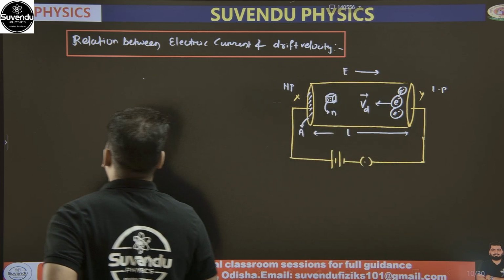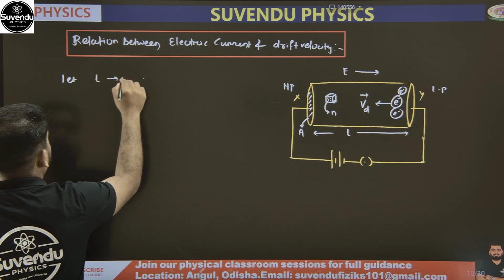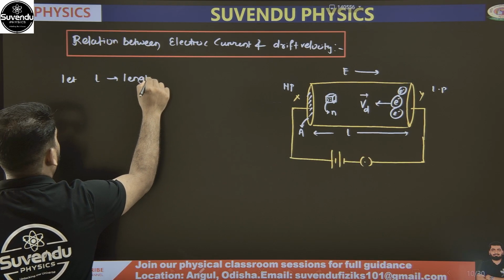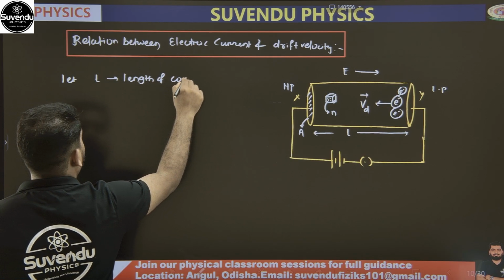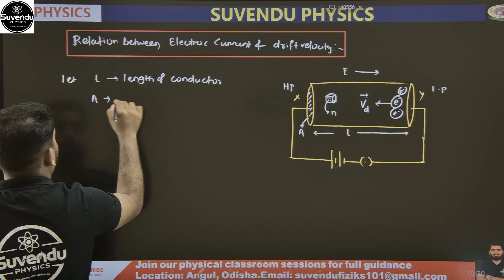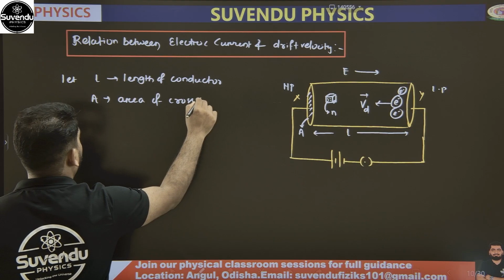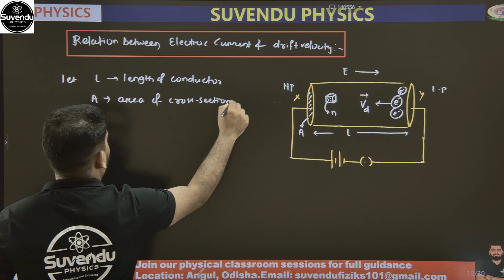So now we can write: let L be the length of the conductor, and A the area of cross section of the conductor.